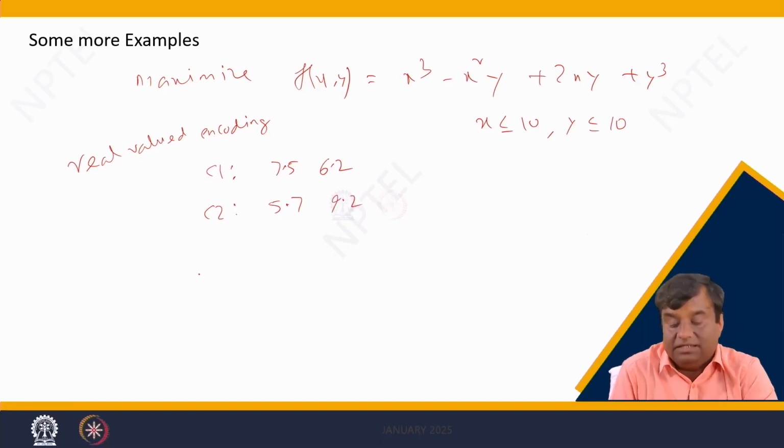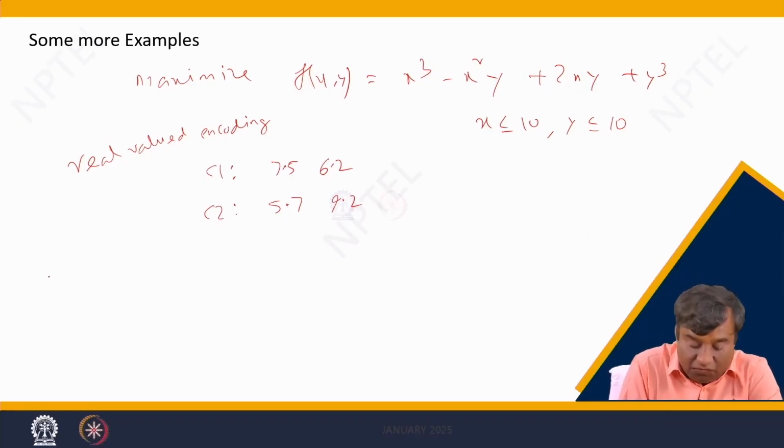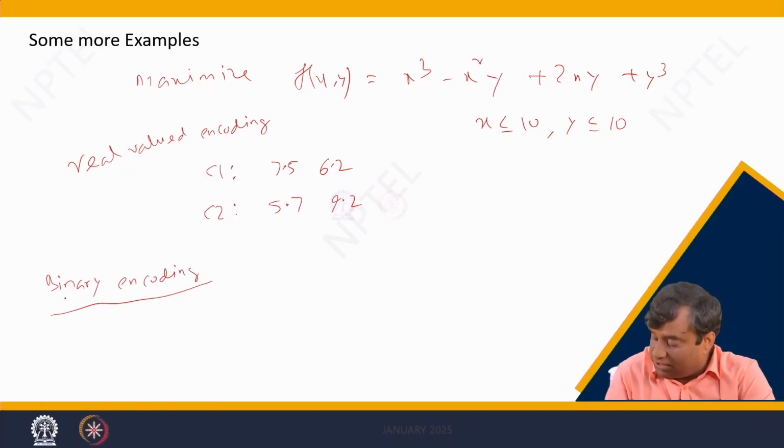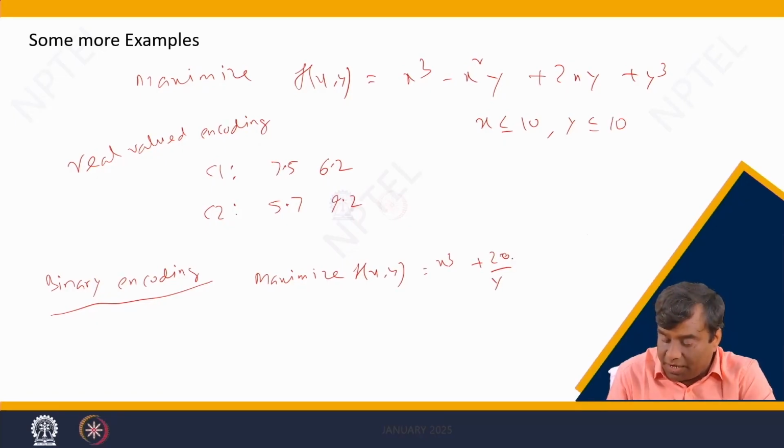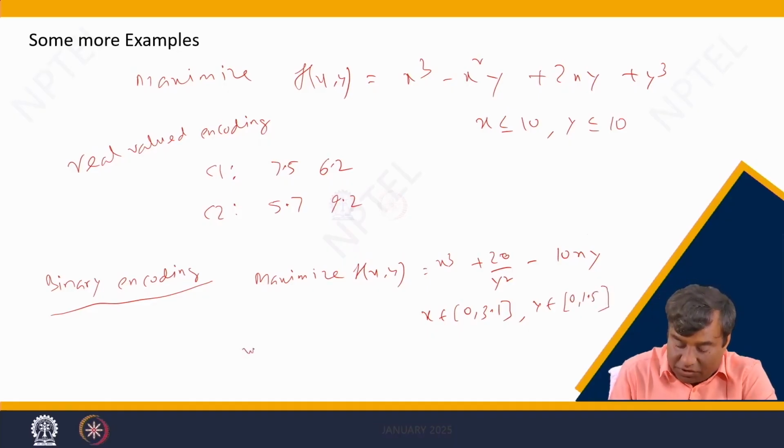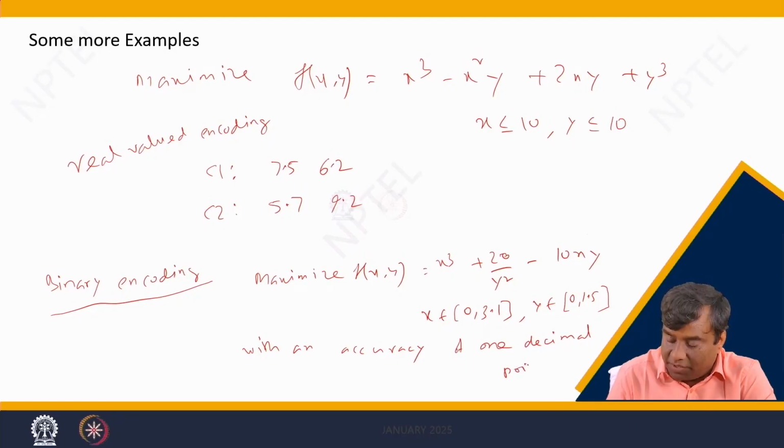Another example is for binary encoding. The question is to maximize f(x,y) = x cube plus 20 by y square minus 10xy, where x belongs to 0 to 3.1 and y belongs to 0 to 1.5, with an accuracy of 1 decimal point.